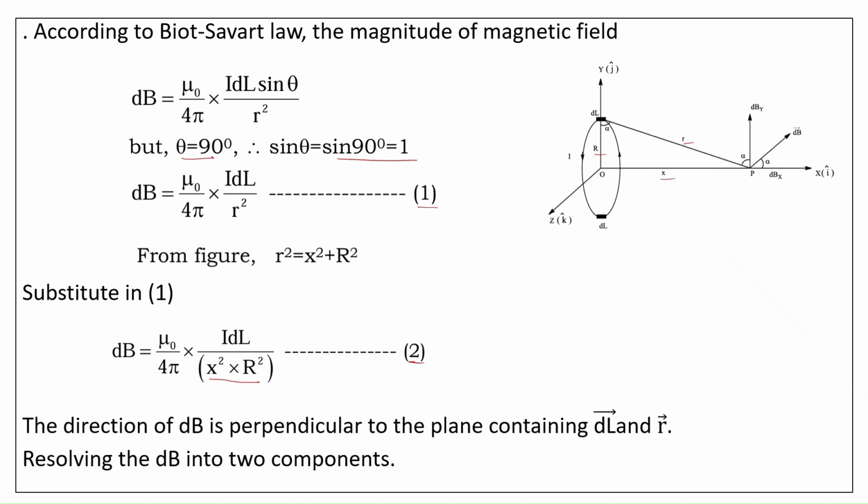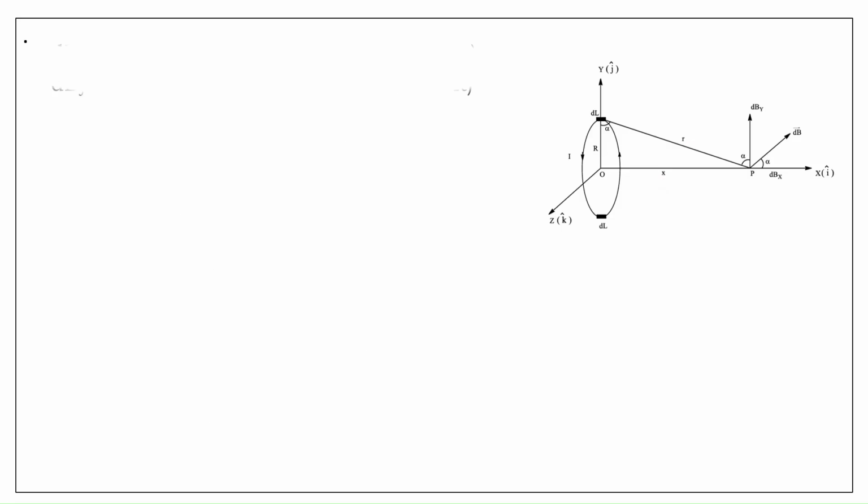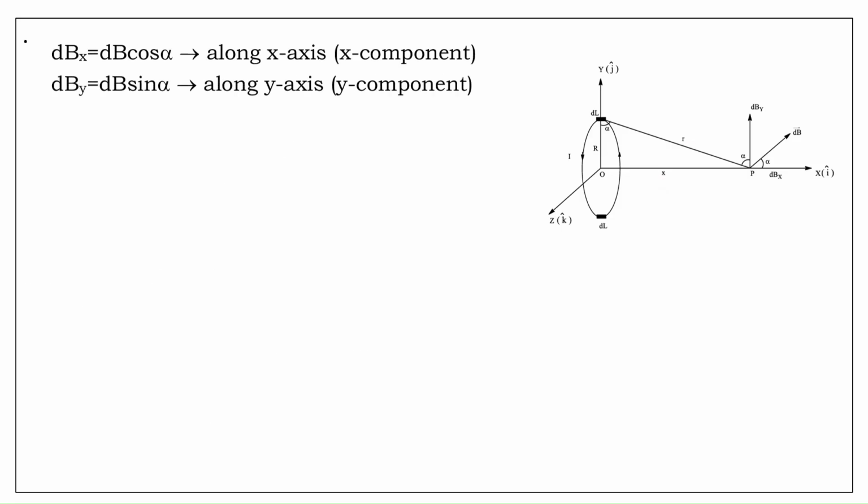The direction of dB is perpendicular to the plane containing dl and r. On resolving the dB into two components, dBx is equal to dB cos alpha, its x component along the x-axis. dBy is equal to dB sin alpha, its y component along the y-axis.